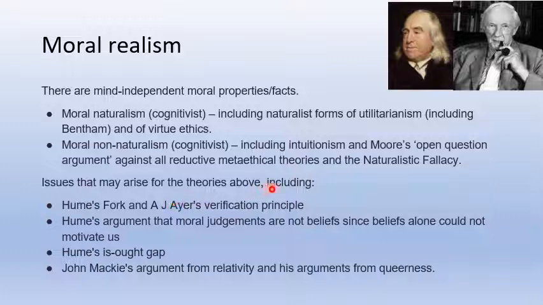A.J. Ayer's language is either one, logical necessity, or two, things which at least in principle are empirically verifiable. And if something is not one of those, then it's not meaningful, it's not a candidate for genuine knowledge. So you can use this to criticize moral realism, which says there are moral facts. Hume and Ayer would say, well, these so-called moral facts, like murder is wrong, they're not just logically the case.